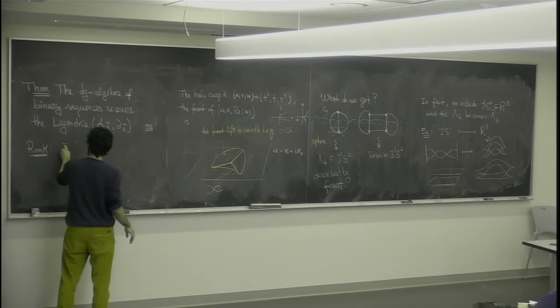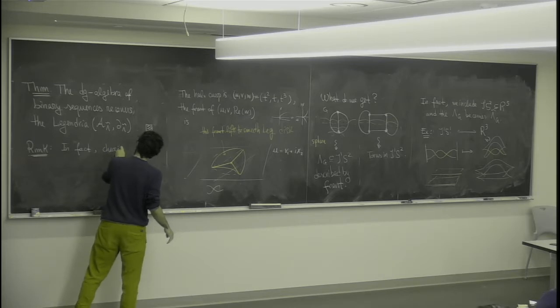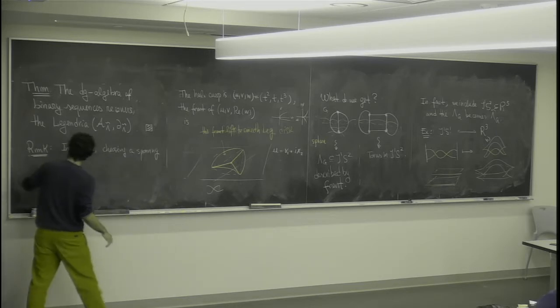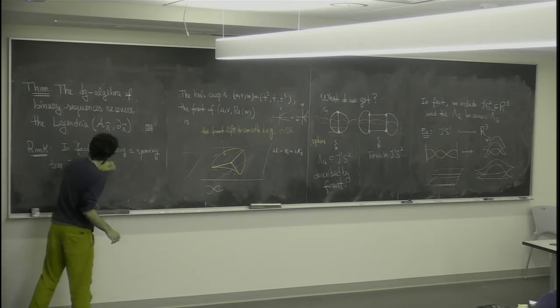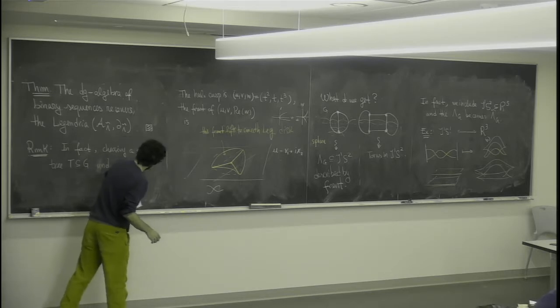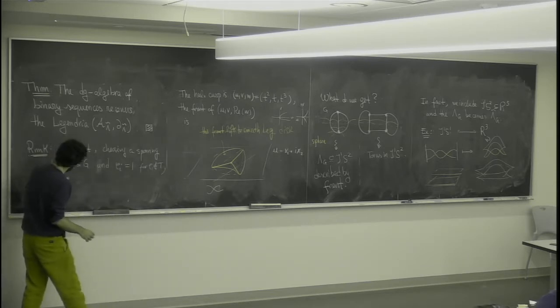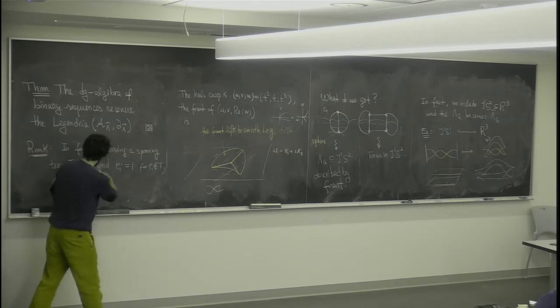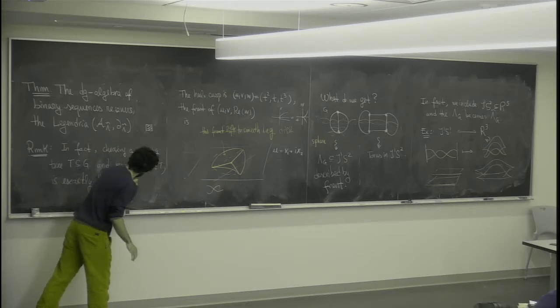So in fact, what you do is choosing a spanning tree T for the graph, and setting all the other edges e_i, for the e_i not in this tree, to 1, is exactly our Legendrian DGA. I'm slightly lying because there's a vertex that you have to take out, but that's the message. It's exactly the Chekanov-Eliashberg DGA.